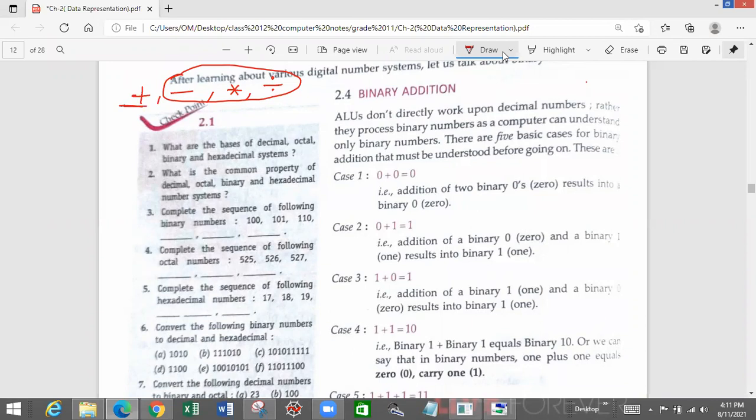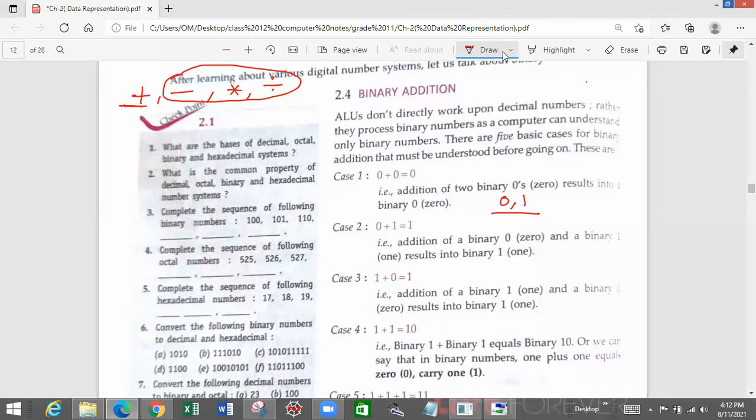As we know, the rules of normal addition are very much alike in binary addition, but there are a few exceptions here and there. Binary numbers are made with digits 0 and 1 only.